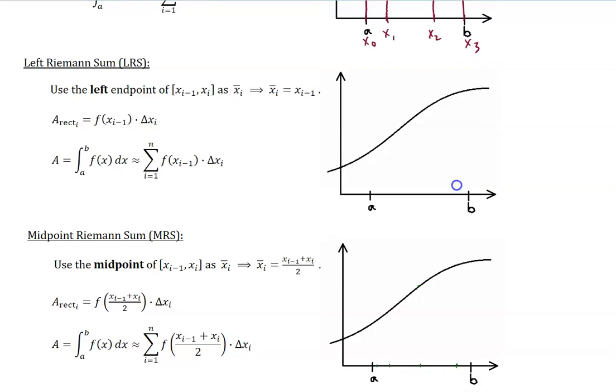For a left Riemann sum, we use the left endpoint of each subinterval. So I'll do roughly the same subintervals here. x1, x2, x3. Okay, so now the height of the rectangles is coming from the left side. Now, we could call this circumscribed or inscribed.